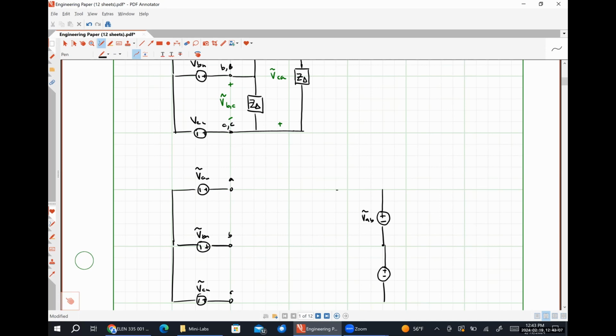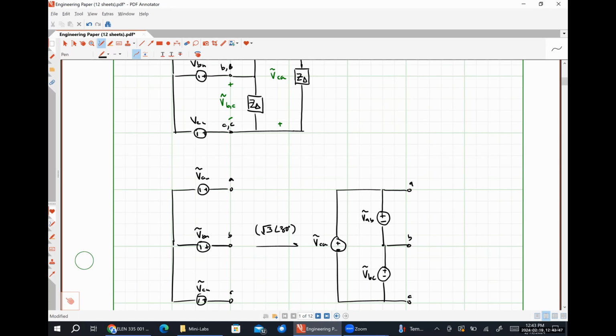Sorry, let me scooch this over. A, B, C, A, B, C, like so. So to go from Y to delta, we need to multiply by √3 angle 30 degrees. Dang it, I'm just writing garbage today.